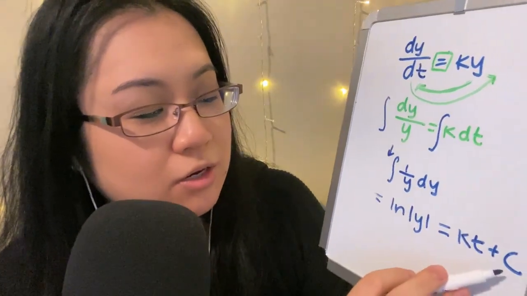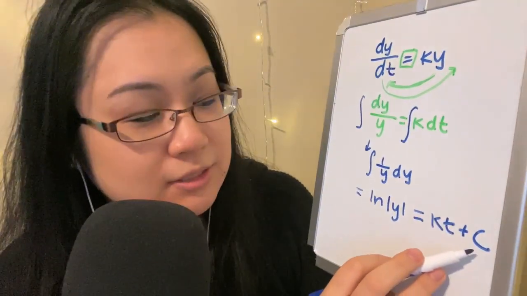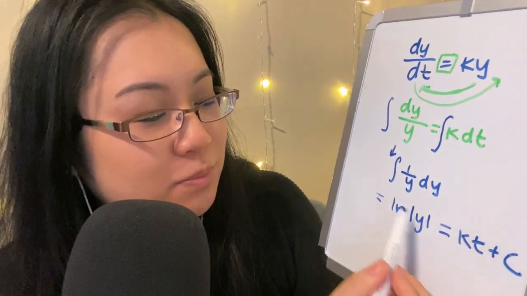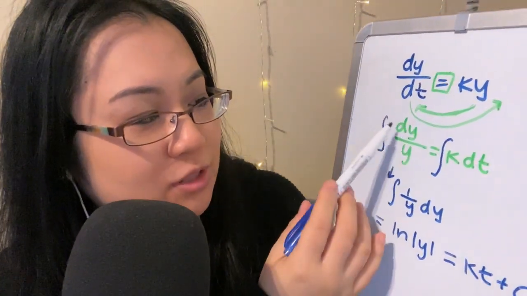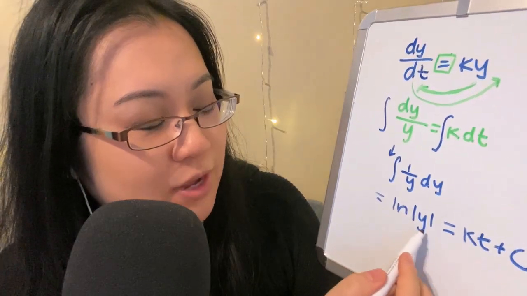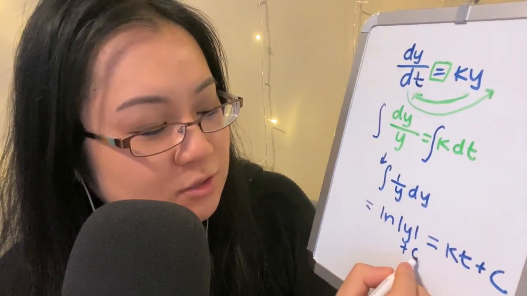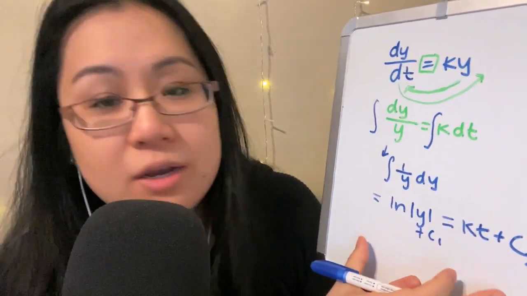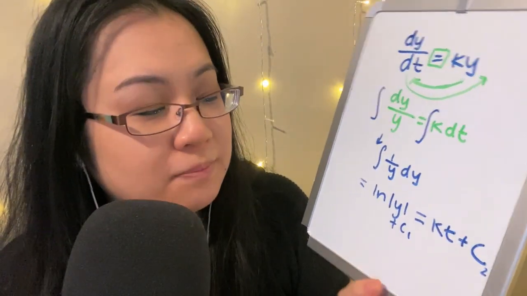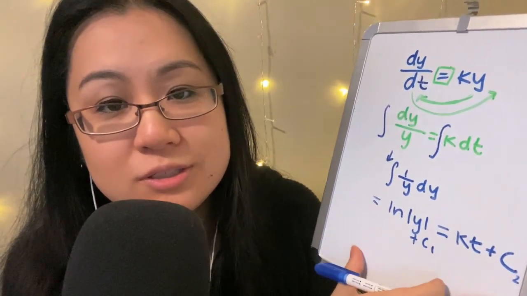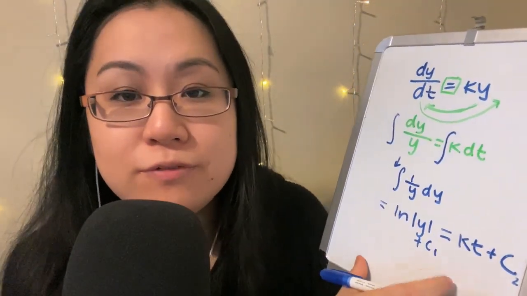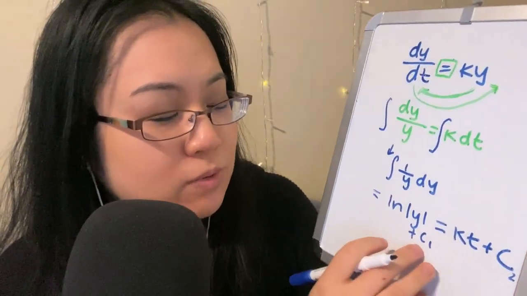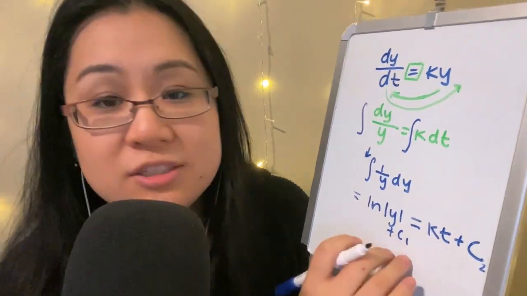Now, a note about constants. If you prefer, you can do this integral so you have natural log of absolute value of y plus a c1, right? And then on this side you would have a c2. Now when it comes to integrals and constants in general, we are looking for a family of functions. So we don't care about these individual constants, right?